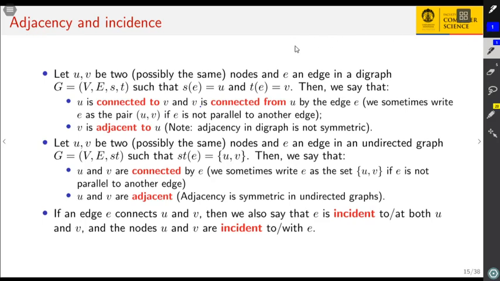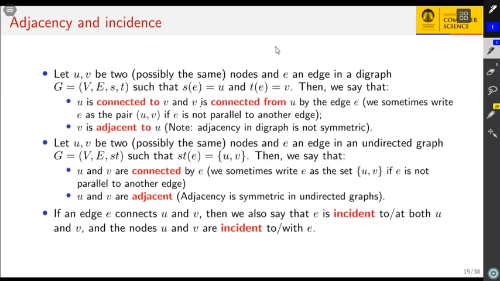Here, we talk about the notion of adjacency and incidence.